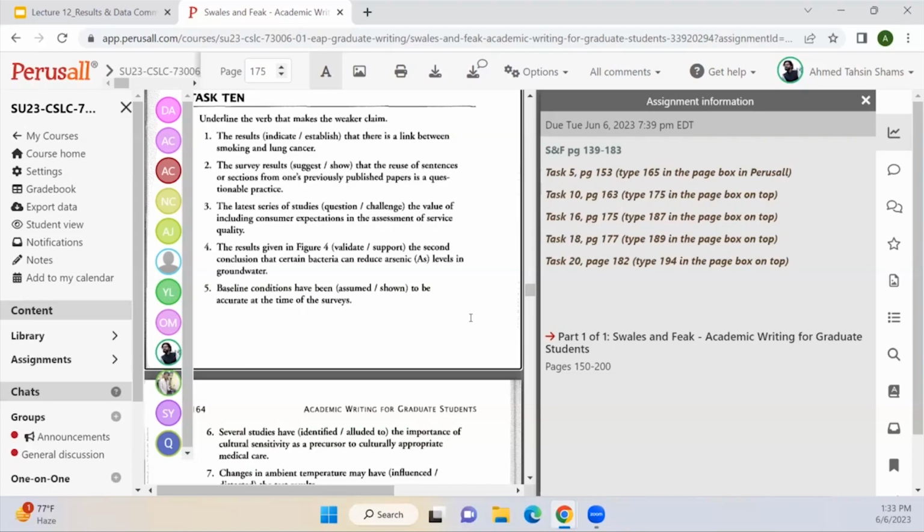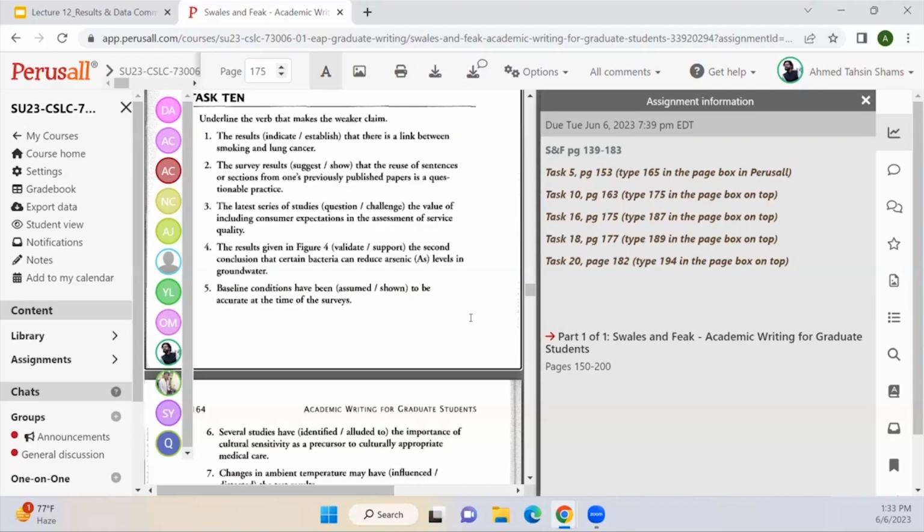Seven: influenced. Eight: failed or forgot. Failed is boosting. Forgot, I would say both of them are kind of boosting, but if you have to pick one, failed is boosting.